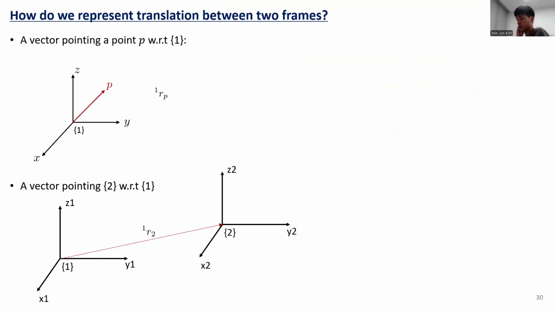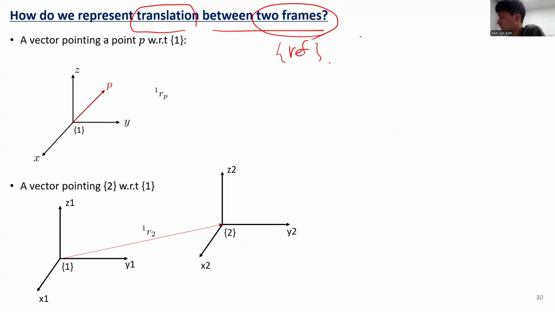So we have to represent the translation between two frames, meaning the reference frame and the body frame.